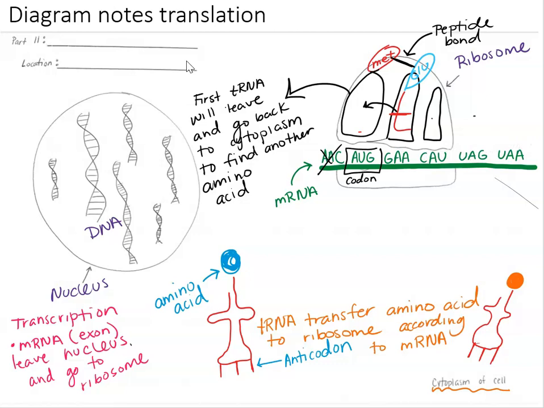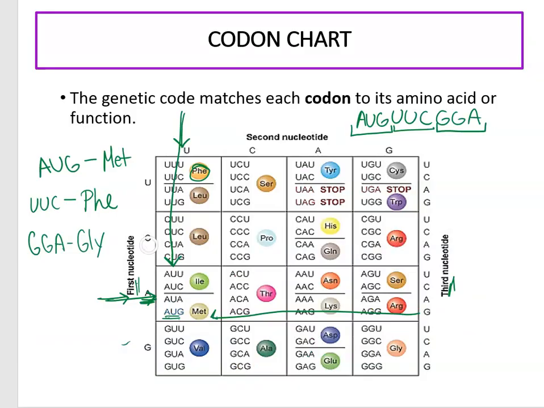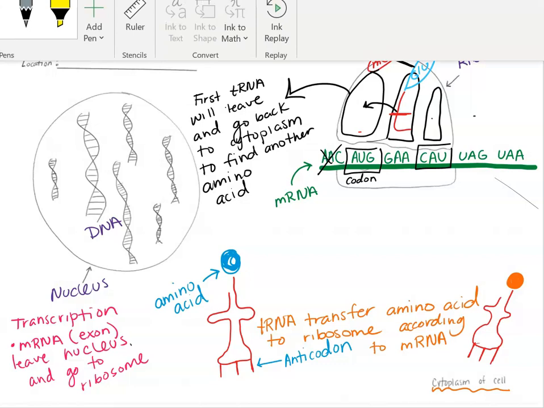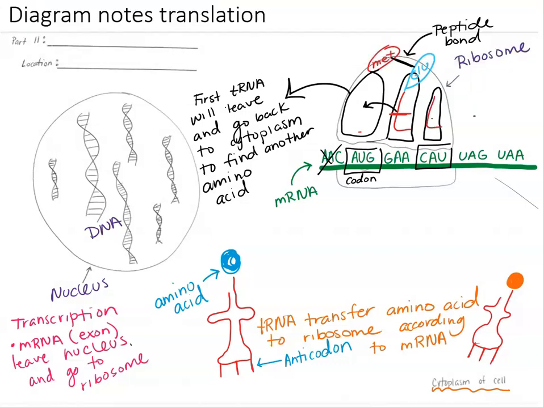So the next codon is CAU. Let's see what that codes for. CAU, histidine. So we're going to draw our next tRNA, carrying the amino acid histidine. How did it know to go here and not somewhere else? And that is the anticodon.